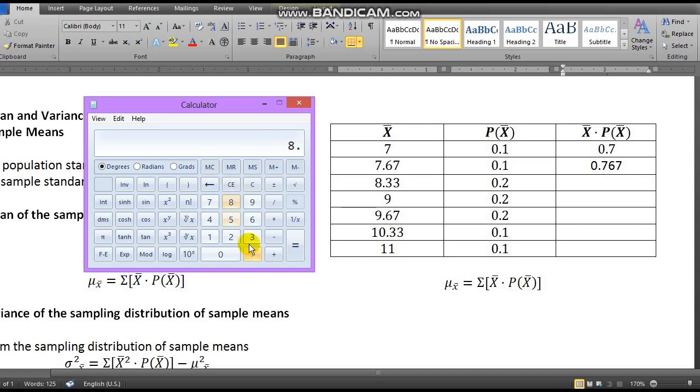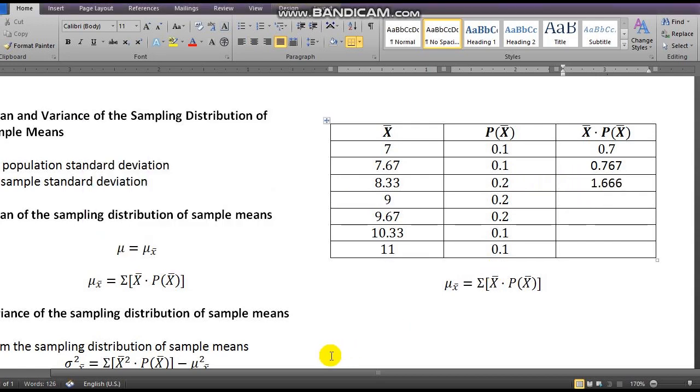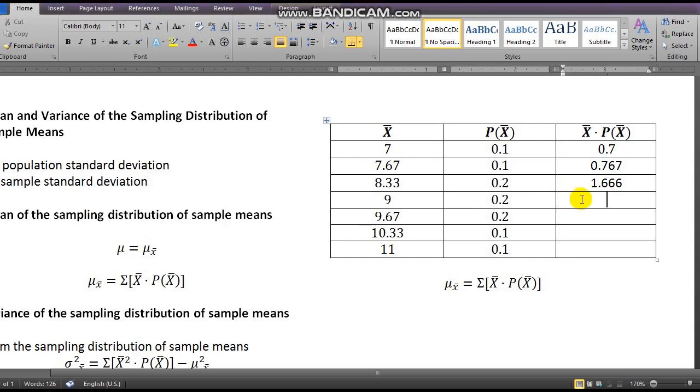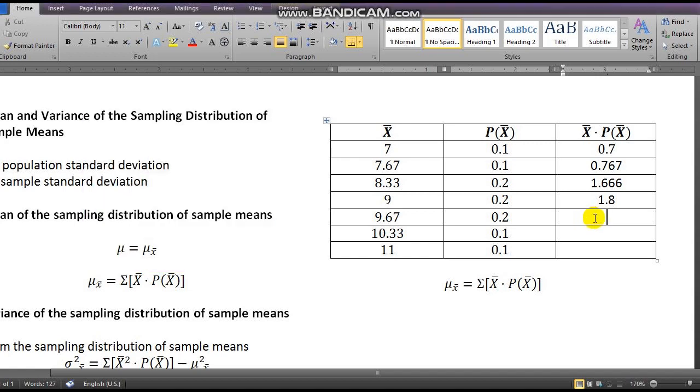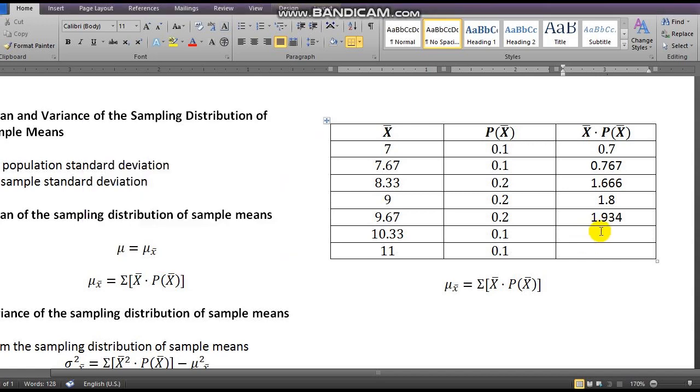So let's have 8.33 times 0.2, that would be 1.666. And 9 times 0.2, that would be 1.8. 9.67 times 0.2, that would be 1.934. 10.33 times 0.1, that would be 1.033.